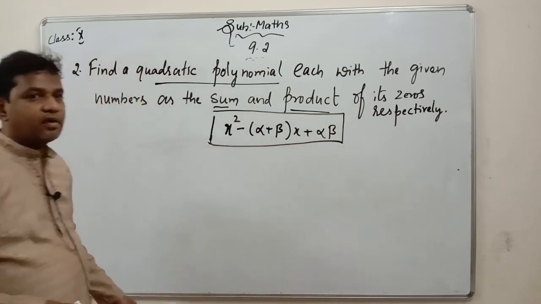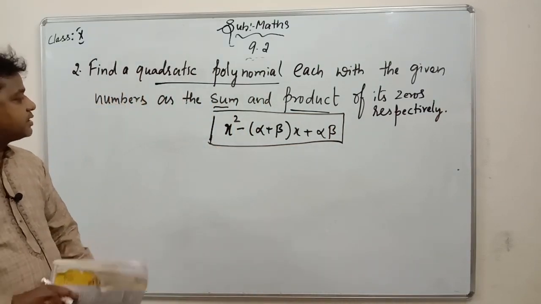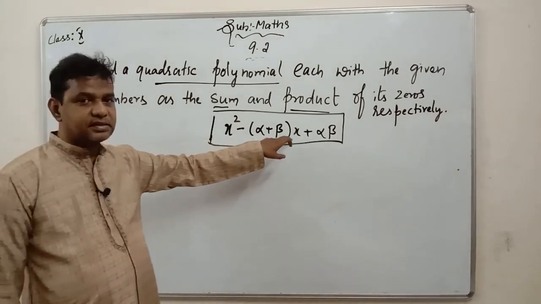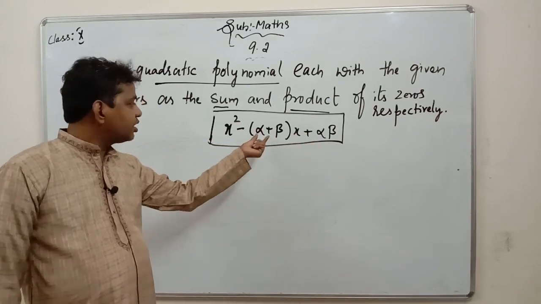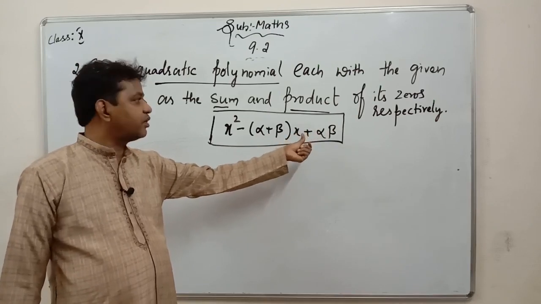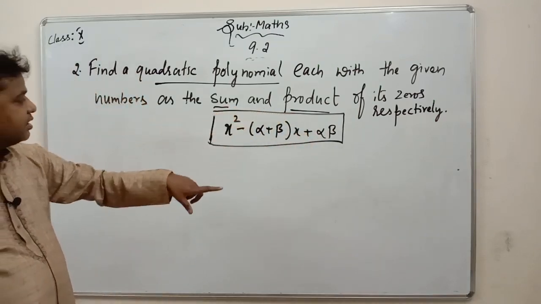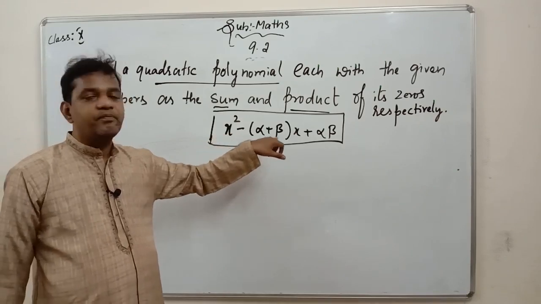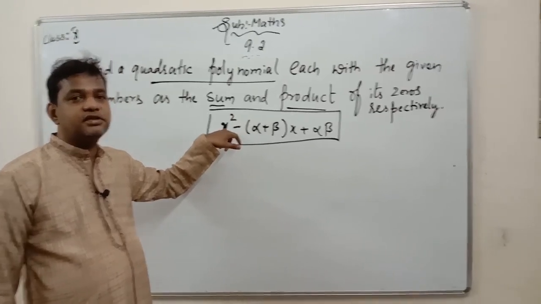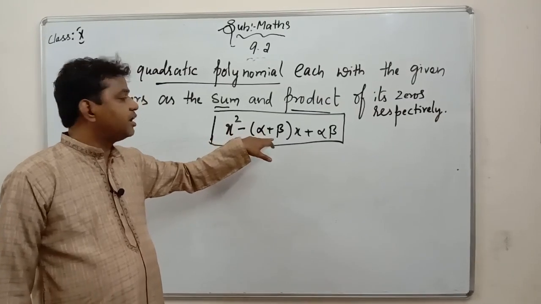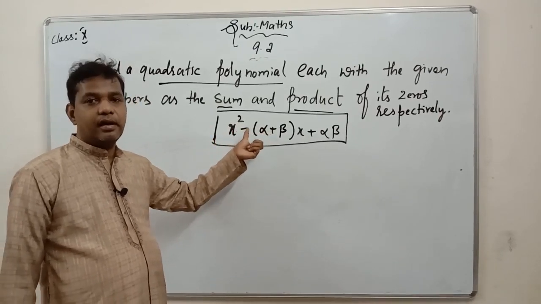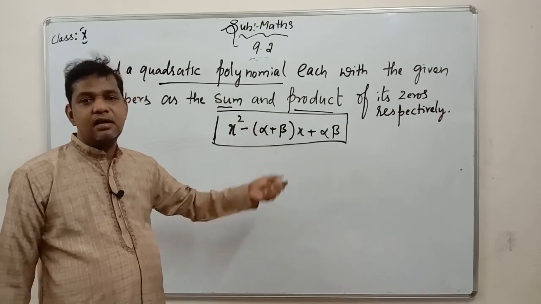The formula is x square minus (alpha plus beta) x plus alpha into beta. Here we have the sum and the product of the roots or zeros. The product of its zeros is mentioned there. So by using this formula we will find the polynomial, that is the quadratic polynomial: x square minus alpha plus beta of x plus alpha into beta.